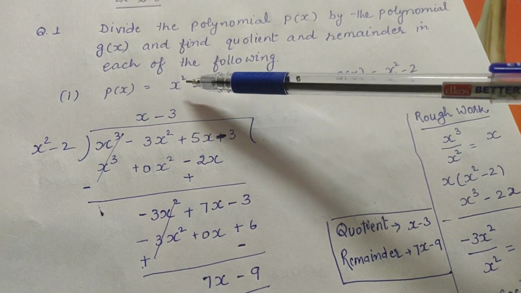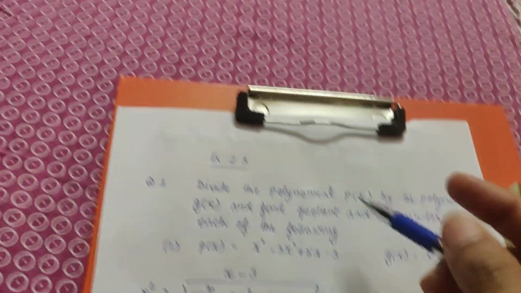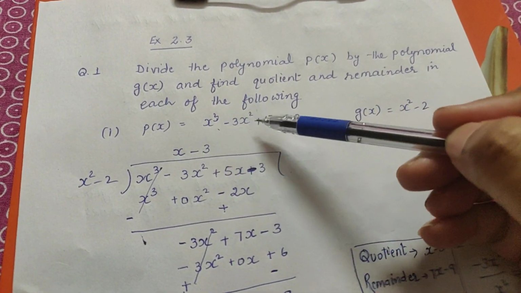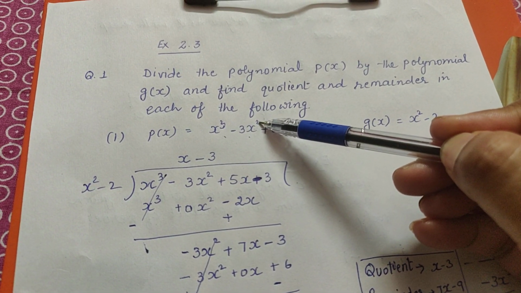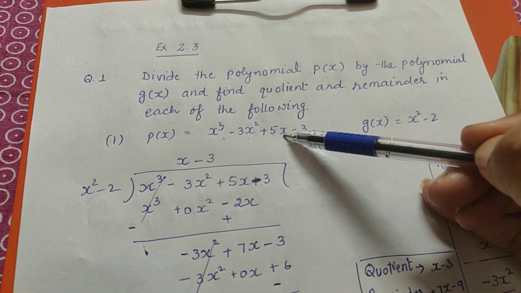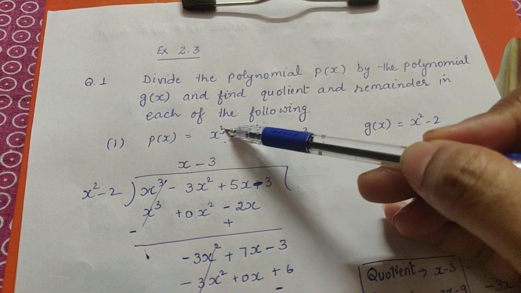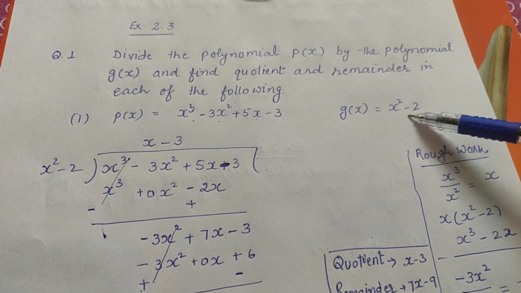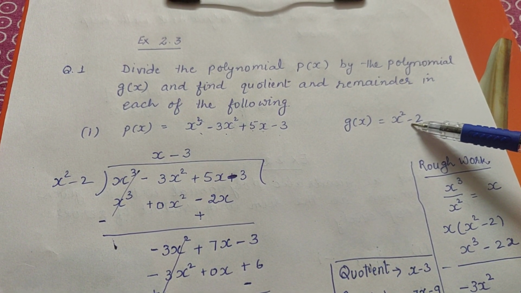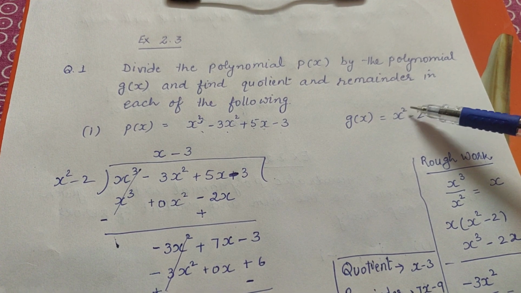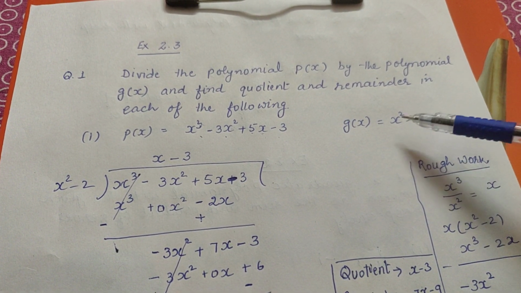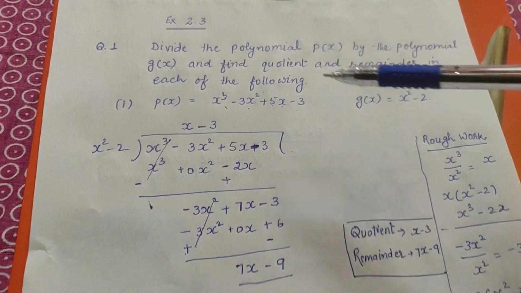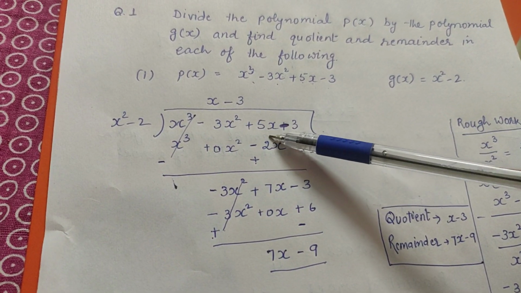Like you can see, we have x cube minus 3x square, then 5x and then minus 3. So power 3 here, 2 here, 1 here and 0 here. And the same thing you have to check for g(x) also. As you can see, power 2 here and 0 here. So both the polynomials should be in the standard form. This is the first step. After that we will start the division.